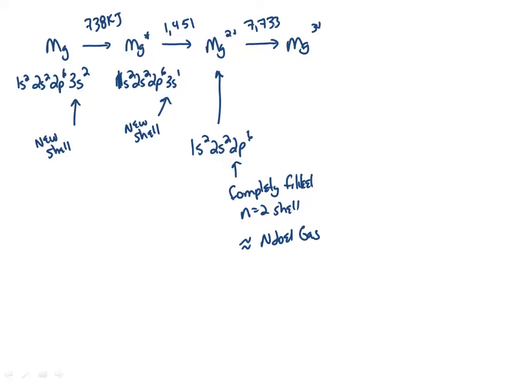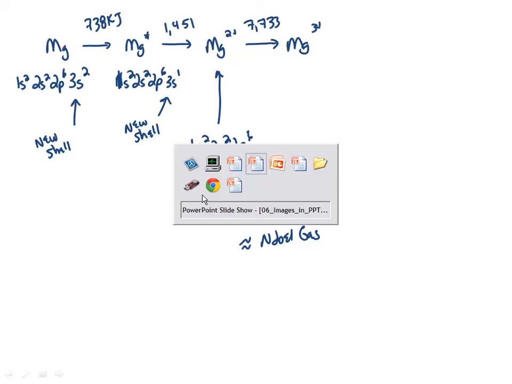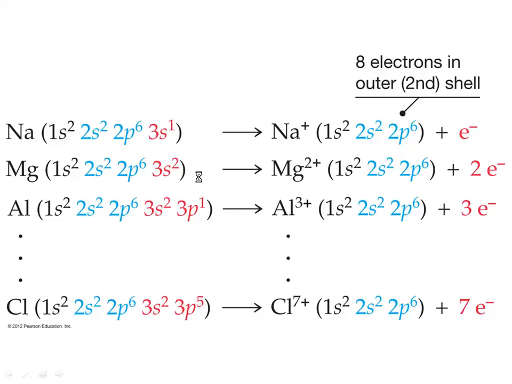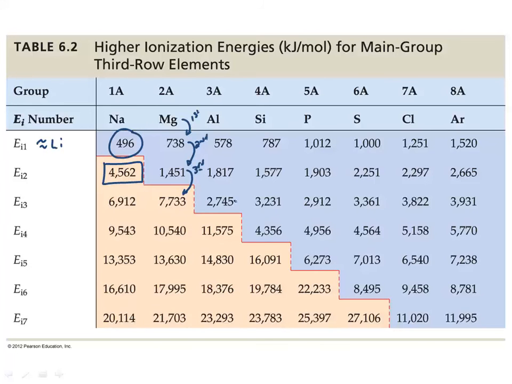So the idea is that removing electrons from completely filled orbitals is very hard. And so that's why you see those jumps on the chart. If you'll notice the chart here, the jump in this case for aluminum is to remove that fourth electron. And so the idea is that we know that sodium prefers to be sodium plus 1 because it doesn't take much energy. Magnesium is okay being magnesium 2+ because, again, it doesn't take much energy.